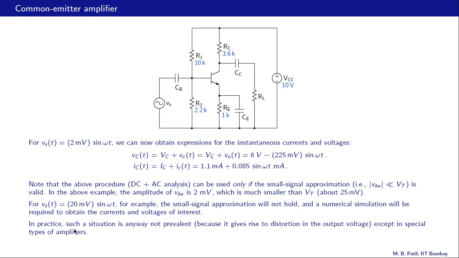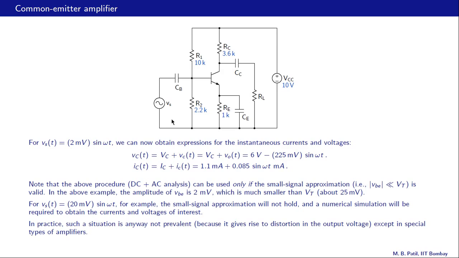In practice, such a situation with large VBE compared to VT is not very common. That is because, as we have seen earlier, that will give distortion in the output voltage.